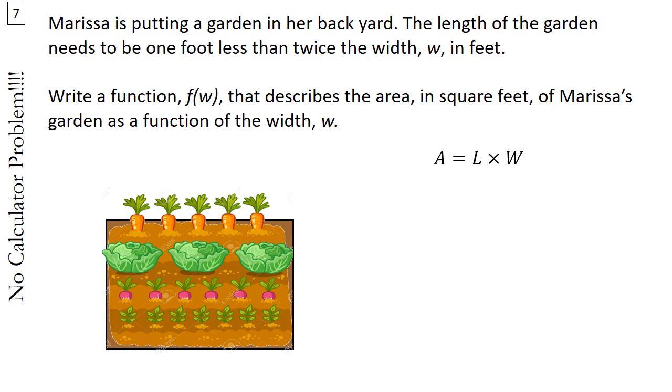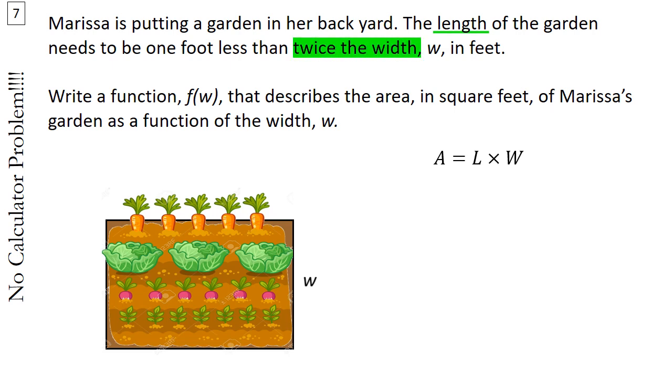It says the width is W. So we're going to have a W, and the second sentence does tell us, as a function of W, so W is going to be in there somewhere. So what's the length? Well, it says the length of the garden needs to be 1 foot less than twice the width.